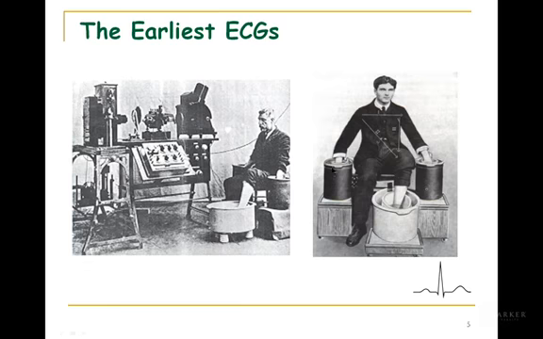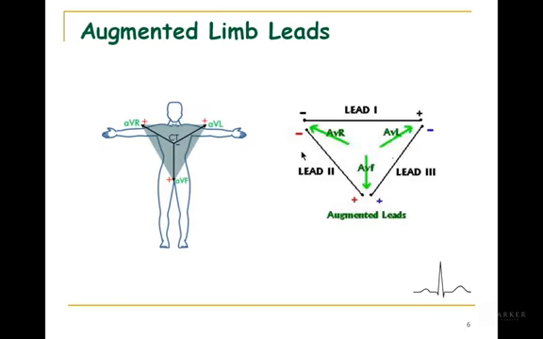Now this, again, utilizes the same placement of the electrodes that you saw for the standard limb leads. You have an electrode placed on the right wrist, one on the left wrist, and one on the left foot. The augmented leads are called unipolar leads because the machine creates a single positive recording electrode in reference to a combination of the other electrodes.